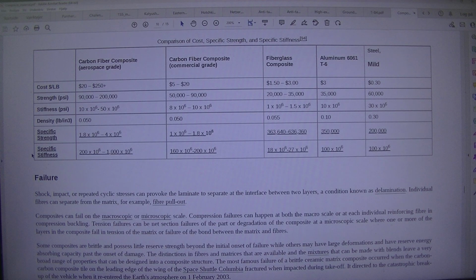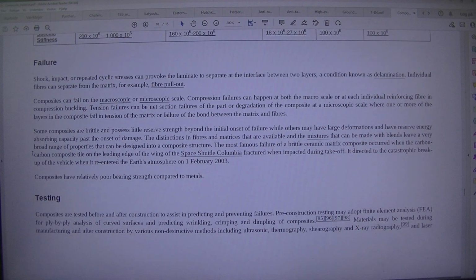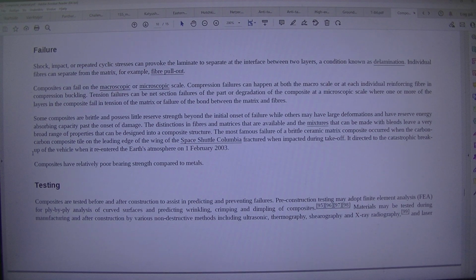Stiffness, psi: 10 x 10^6, 50 x 10^6, 8 x 10^6, 10 x 10^6, 1 x 10^6, 1.5 x 10^6, 30 x 10^6. Density, pounds per cubic inch: 0.050, 0.055, 0.055, 0.10, 0.30.